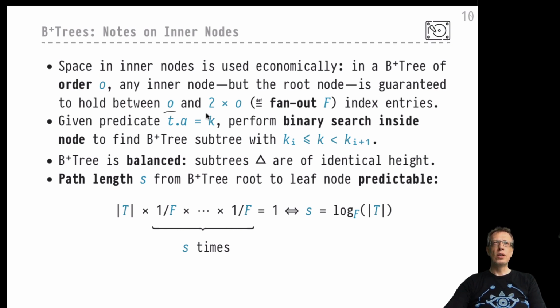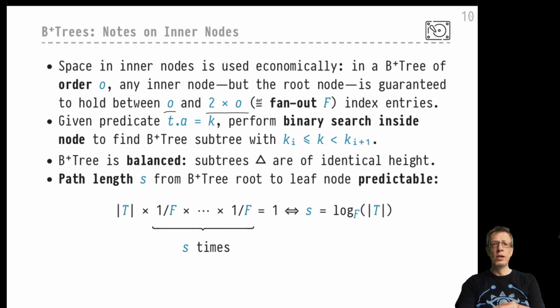Well, if the maximum number of entries inside such an inner node is 2O, then O, that is half the number of entries, is defined as the order of the B+Tree. Okay. The B+Tree maintenance routines, entry insertion, entry deletion, node insertion, node deletion, they all make sure that all inner nodes carry at least O, the order of the B+Tree, entries, and at most, of course, 2O entries.